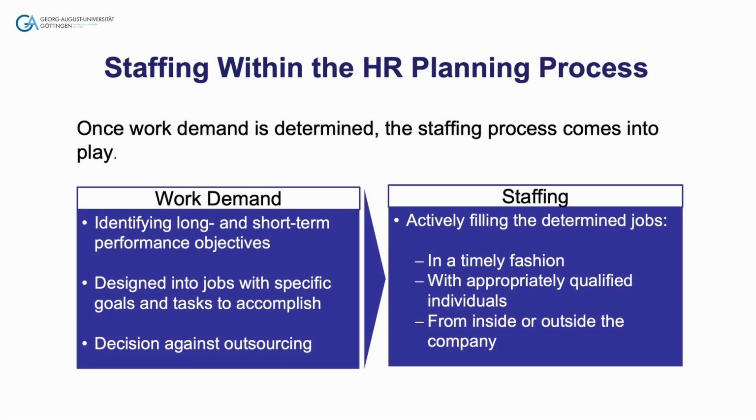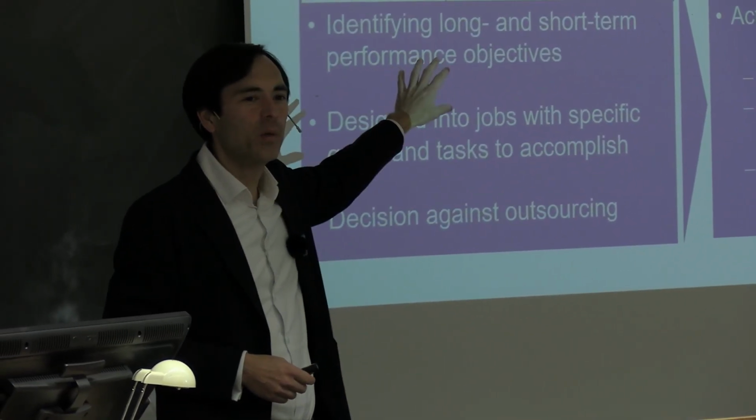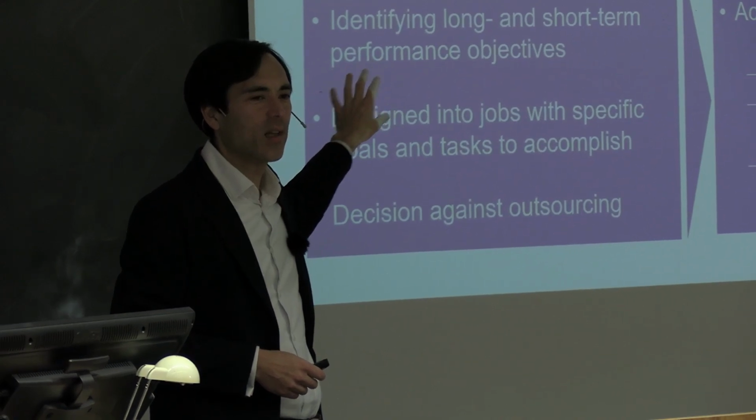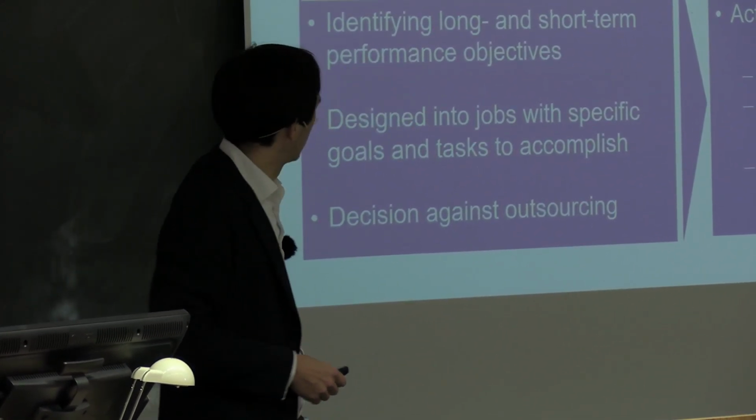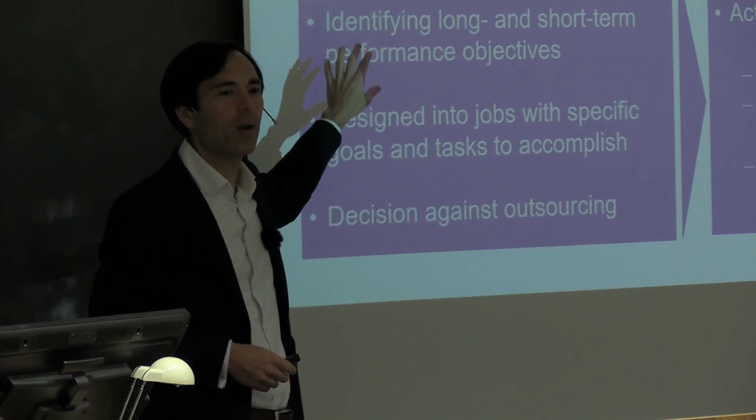Here we have also some kind of overview of staffing as part of the HR planning process. So we have work demands, and then staffing will follow. The idea is HR planning. We also talked about short and long term. Remember some of the long term aspects like global leader development and so forth. That should come first, as part of HR planning.